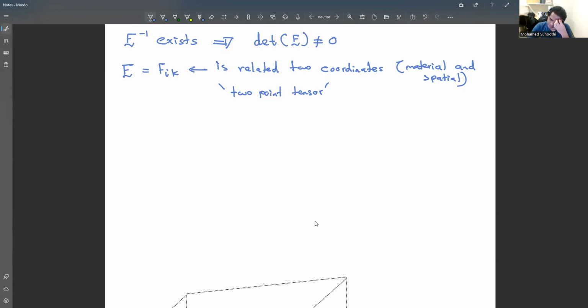Again, it is a linear operator. Why is it a linear operator? Because it is connecting lines.